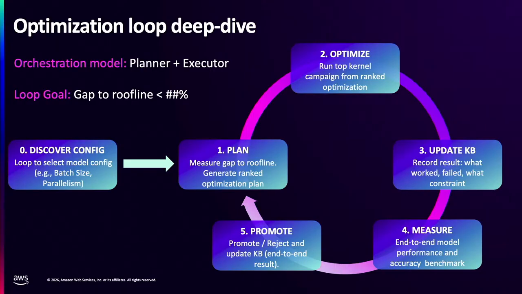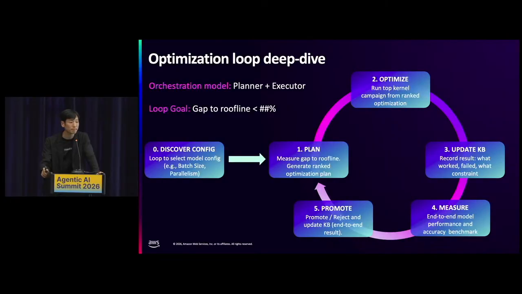The planner agent looks at this, measures the gap to roofline, looks at its local knowledge base, and identifies the best optimization campaigns. It passes that to the executor agents, which run these campaigns, and then based on those outcomes, it records the outcomes in the knowledge base. Did this kernel work? Did it fail? What were the constraints? And then we measure the performance of that end-to-end model. Finally, based on those outcomes, we decide to promote or reject that kernel, and of course, update the knowledge base as well. That completes the loop.